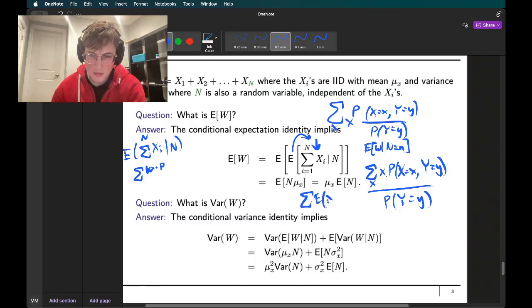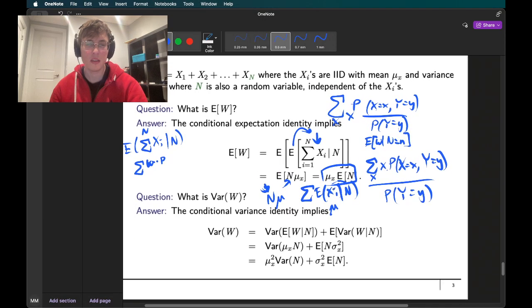And then this is the sum of Xi, given N. The Xi are independent of N, so each is just equal to mu, and there are N of these terms, so therefore it's equal to N mu. As promised, this is a function of N. Then we can take the mu out, and we end up with mu times E[N].